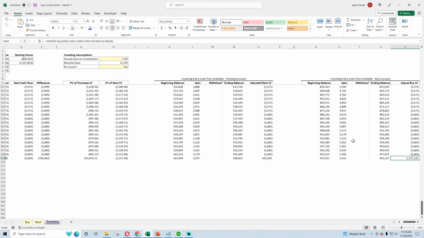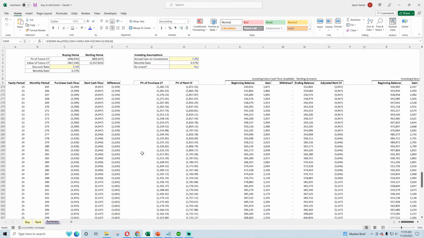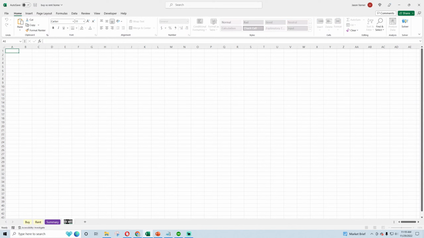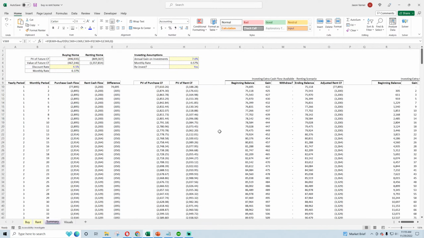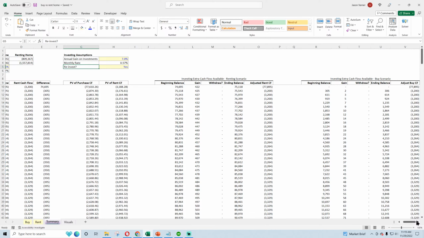So in this case, let's do some visuals. And I don't think it makes sense to not reinvest this. The whole point is what you can do with reinvestment. Like if we withdrew here, well, okay, let's say if we put a no here, what happens? We're withdrawing.